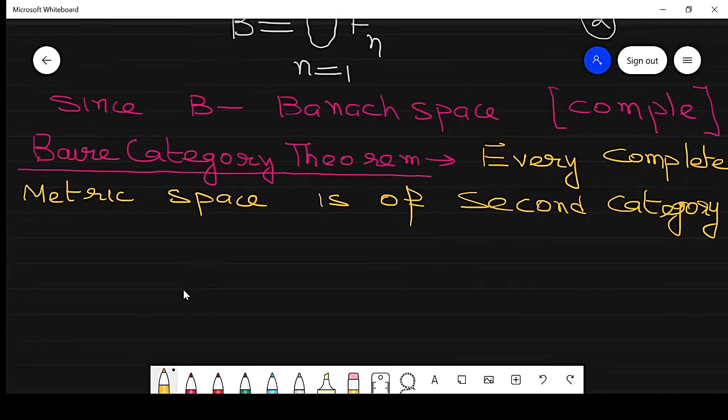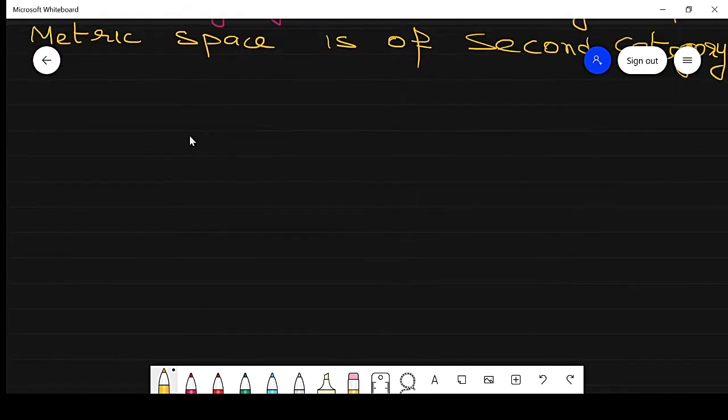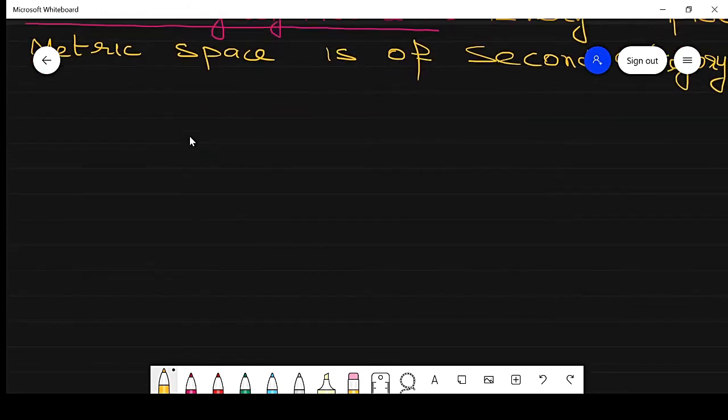So we represent B as the union of closed sets Fn. By the Baire category theorem, there exists some Fn0 whose closure contains an interior point.